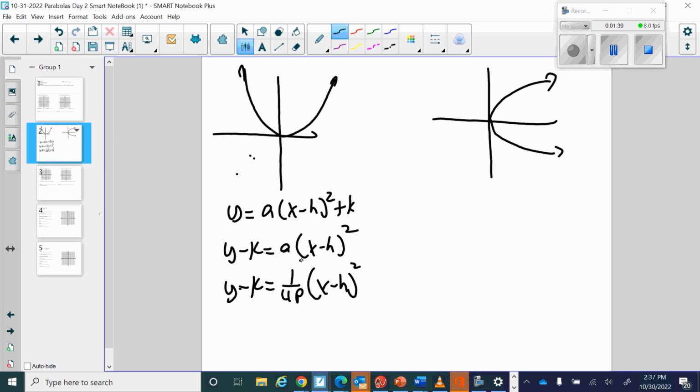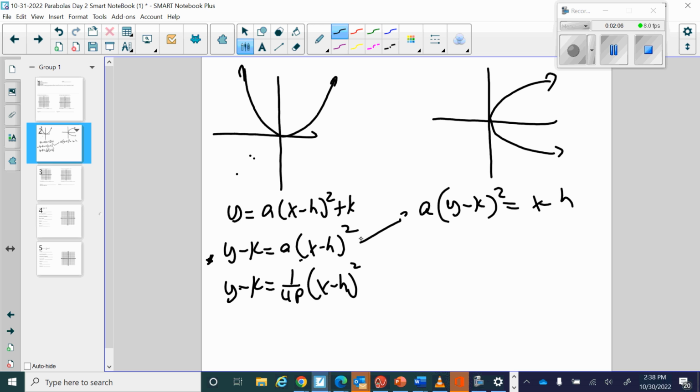So I'm going to have y minus k squared, times a, and that's going to be equal to x minus h. Which looks very similar to this equation.